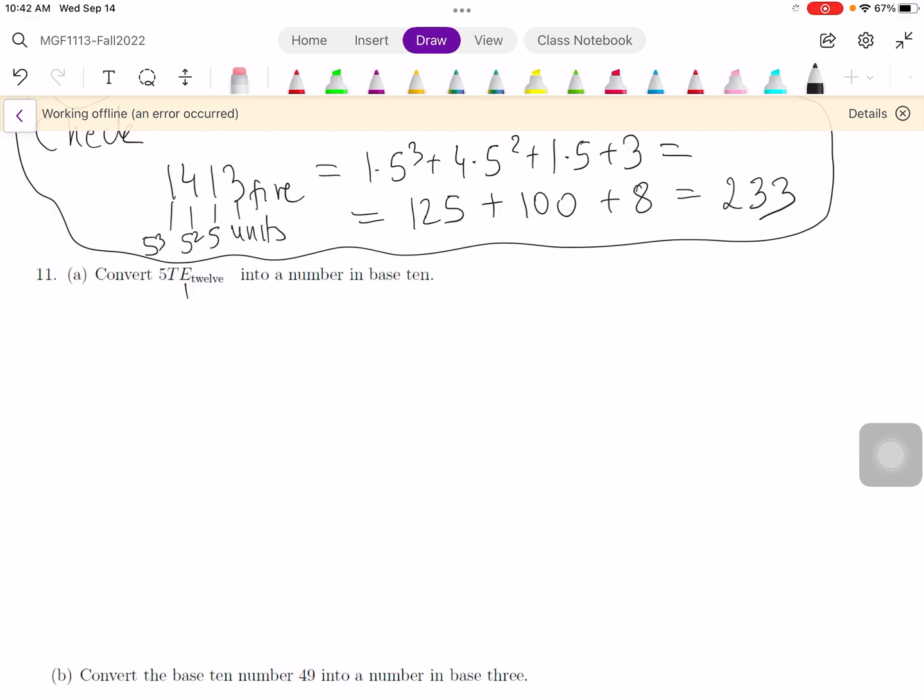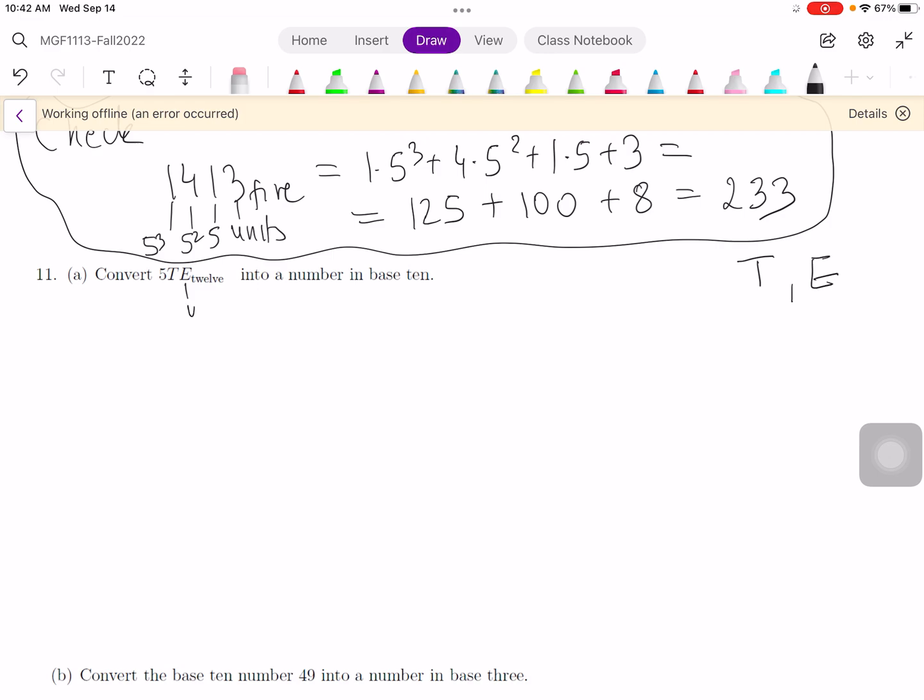In base 2, I only use digits 0, 1. So in base 12, I need digits representing 0 through 9, 10, and 11. So I represent 10 by T and 11 by E, right?